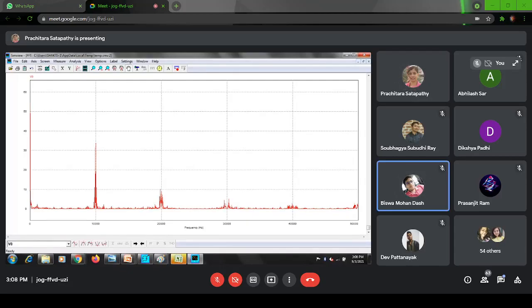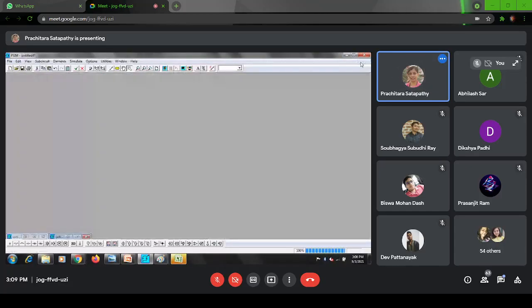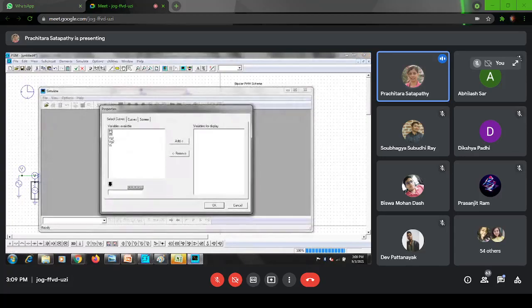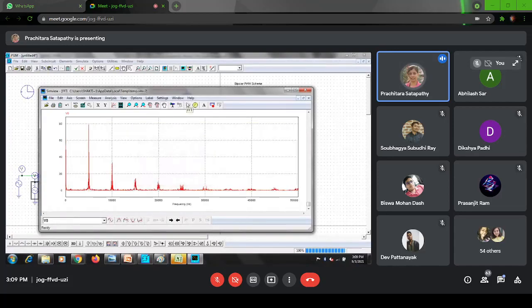So now do the FFT analysis of bipolar. This is for unipolar, yes or no? Do the FFT analysis for bipolar. Only V0, keep the V0 output and do the FFT analysis. You can see some more harmonics are present here.